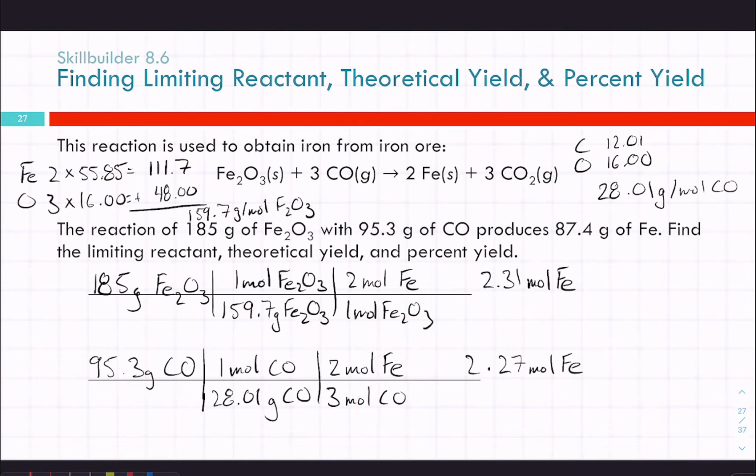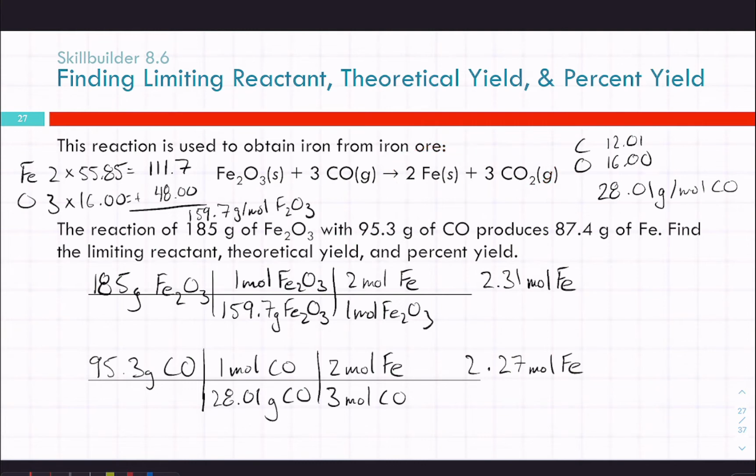Yeah, how do I know which ones I'm doing? How do I know that this iron oxide at the top is going to be compared to this iron here, and not this iron oxide to just the 3CO2 at the end? So why is it this iron and not CO2? How do I know which ones I'm comparing?